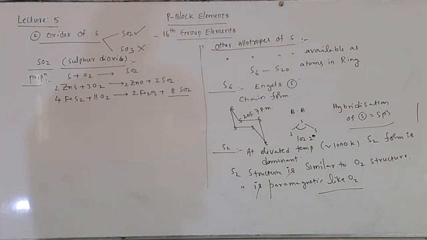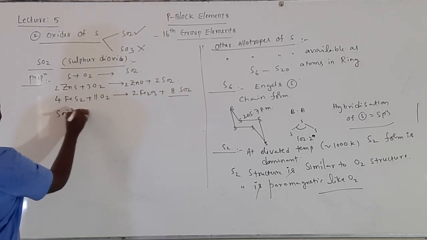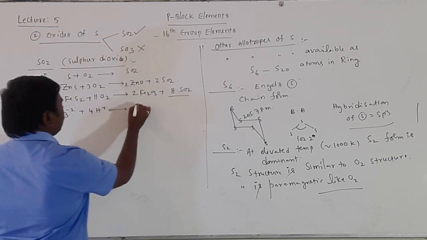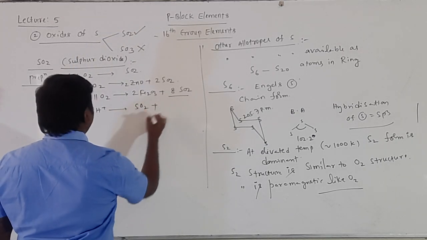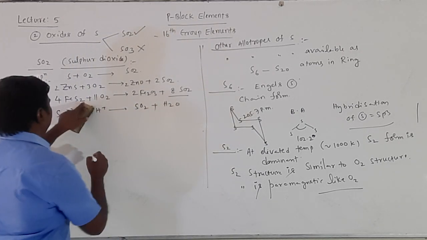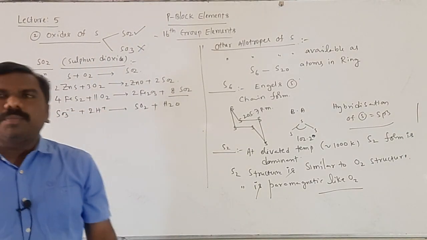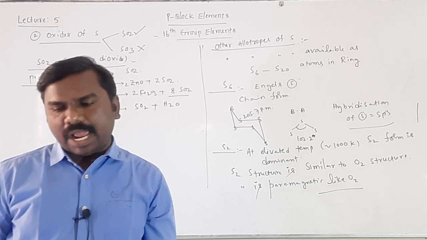One more: SO3 2- plus 4H+ gives rise to SO2 plus H2O plus 2H+... SO2 will be formed. So, this is about the preparation of sulfur dioxide.